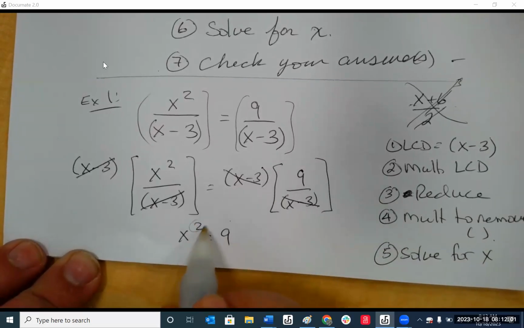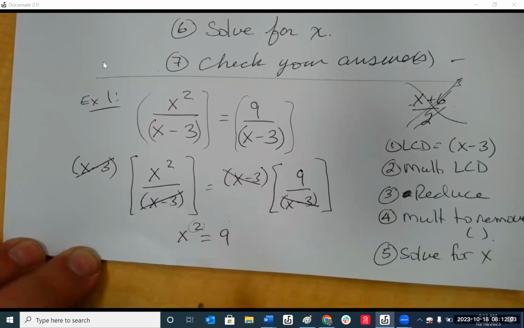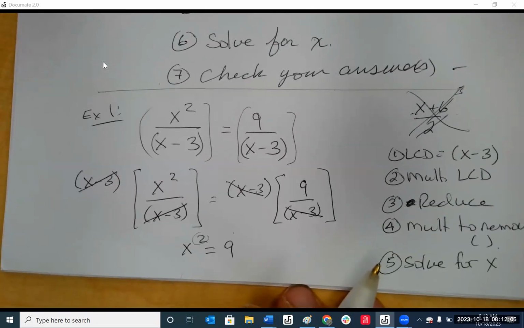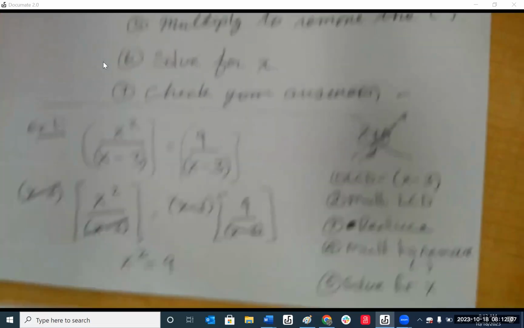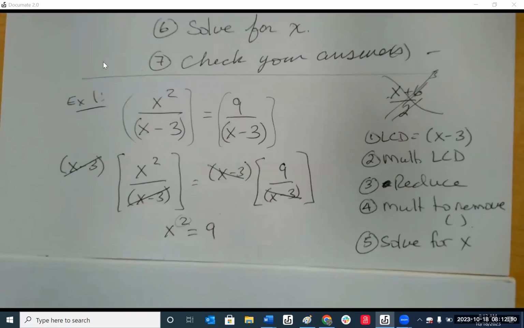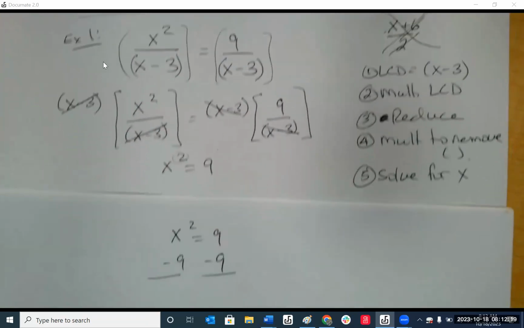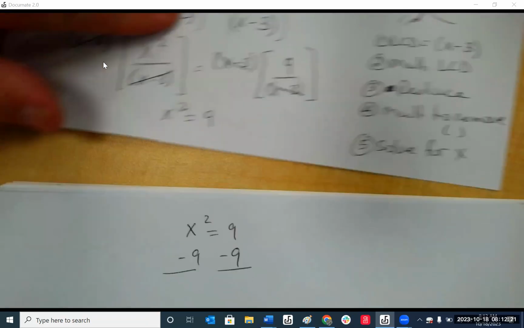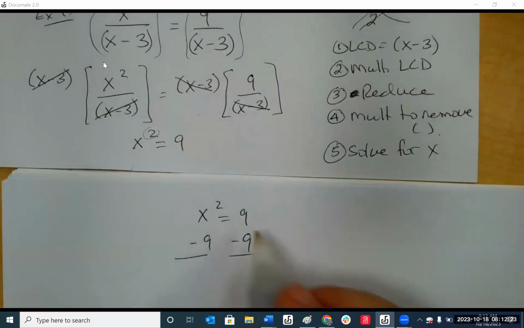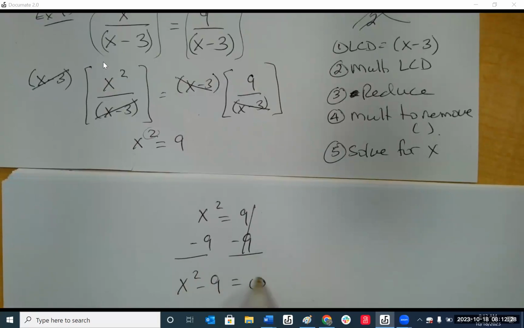Since it's quadratic, we have to move everything to one side. How do we know it's quadratic? Because it's got a square. So we have x squared equals 9, so we subtract 9 from both sides. We have x squared minus 9 equals 0.